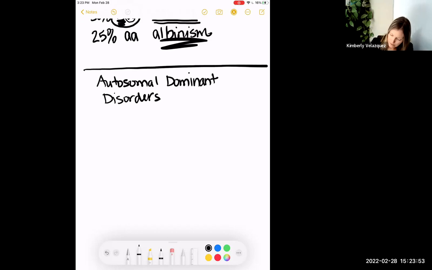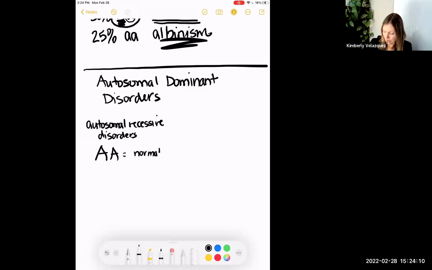So remember that in autosomal recessive disorders that we just talked about, big A is normal. Big A, little a is what we call a carrier. And little a means they have the disorder. You have to have two of the recessive gene to have the disorder.